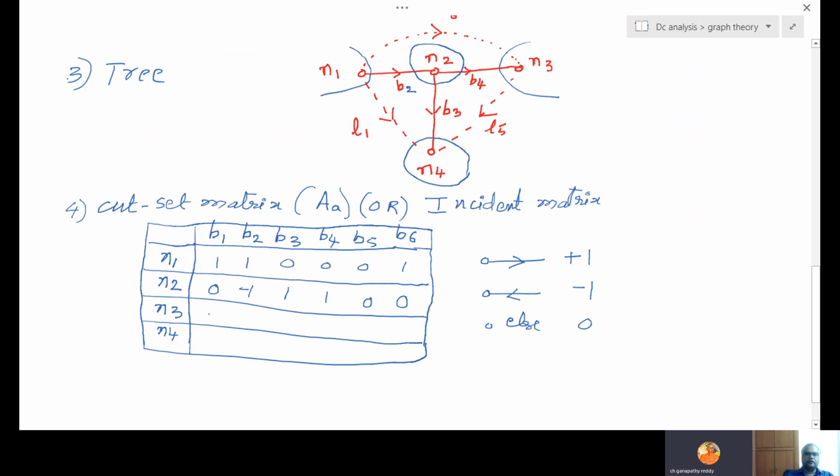At N3: B1 not connected, B2 not connected, B3 not connected, B4 entering -1, B5 leaving +1, B6 entering -1. N4: -1, 0, -1, 0, -1.